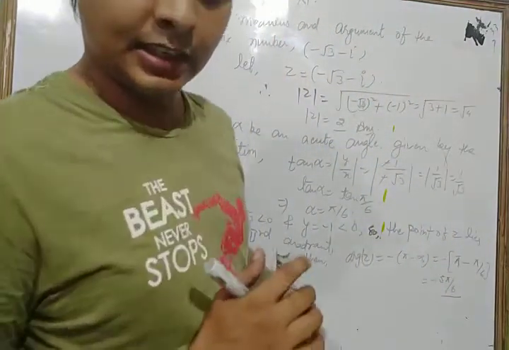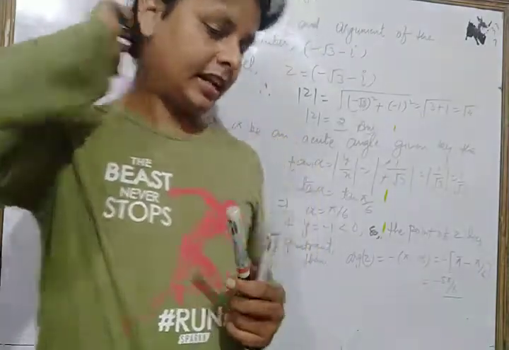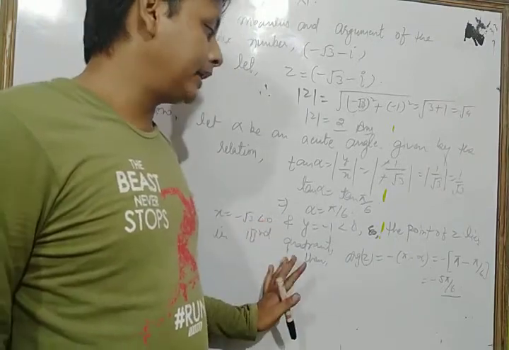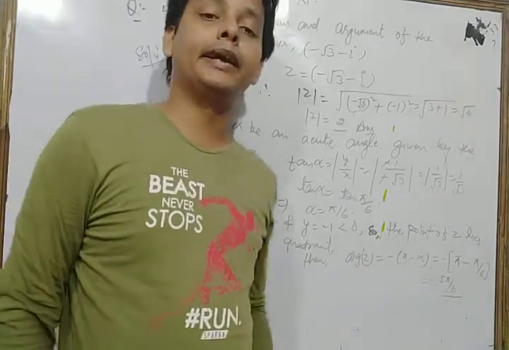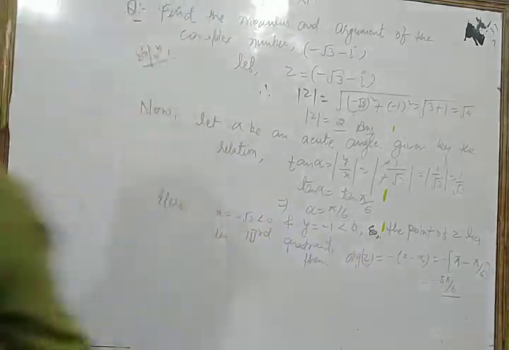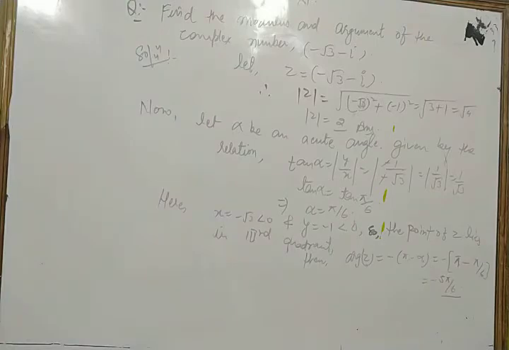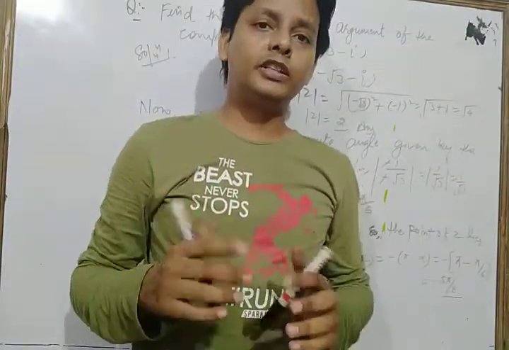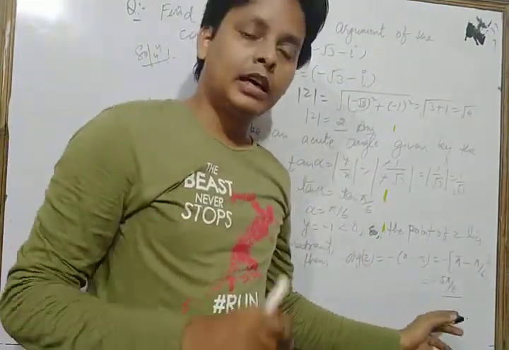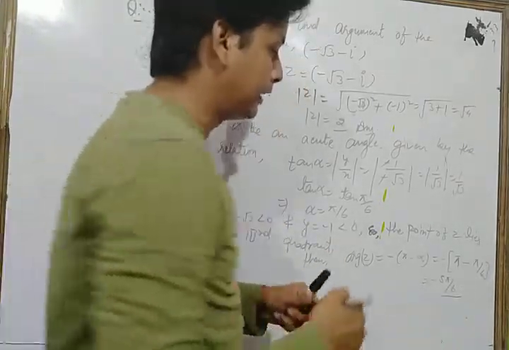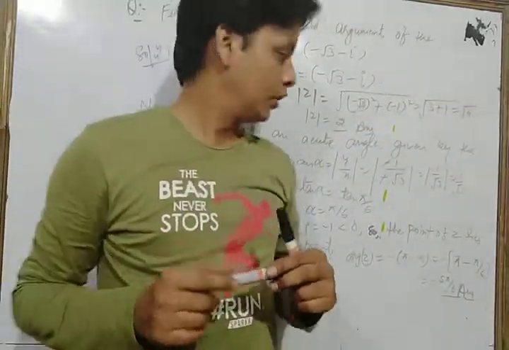So dear students, in this question the argument of that complex number will be minus 5 pi by 6. This is our answer.